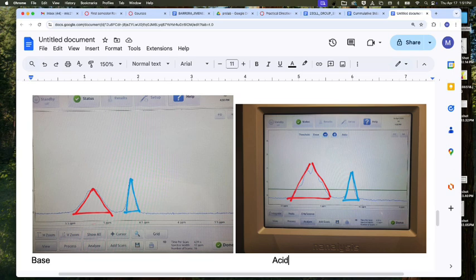Can we do the acid now? 23 times 13. Oh, turn the ruler around. Okay, next one. 23, we'll call that one 18.